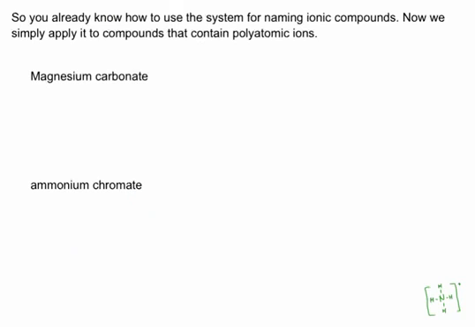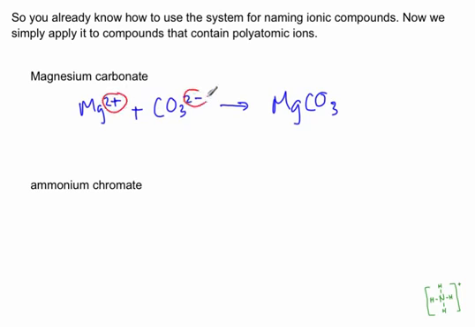So we will put together a magnesium, if you recall from before, Mg2+, plus the carbonate, CO3 2-, and we put these together. We have to obey the zero-sum rule, but that requires one of each. Because 2+ and 2-, same charge, we'll need one of each. So that's magnesium carbonate.